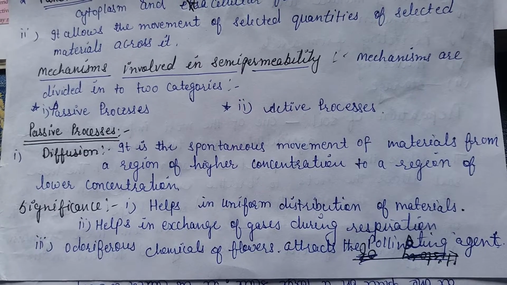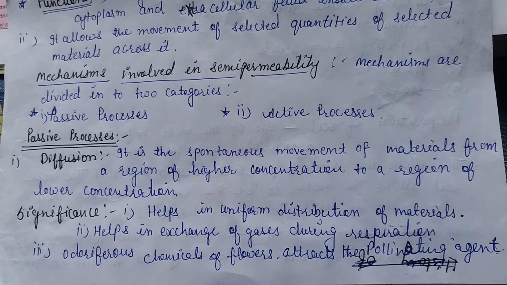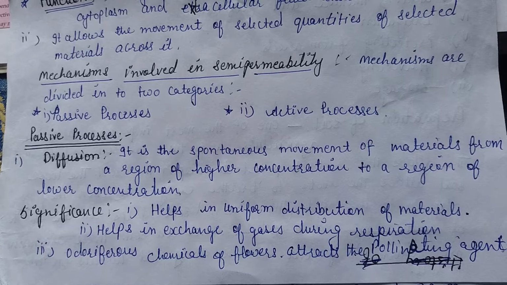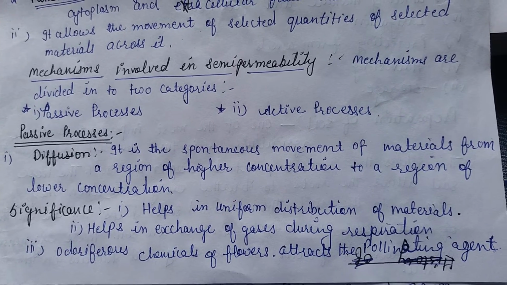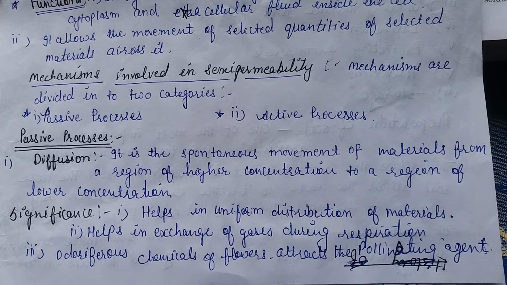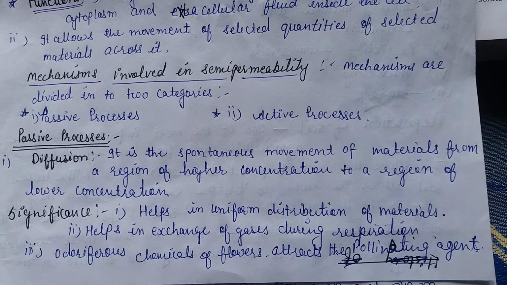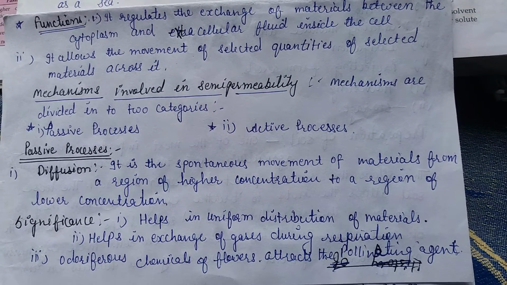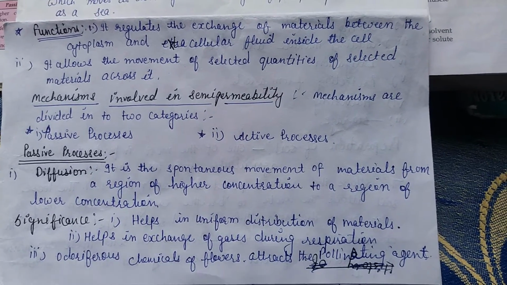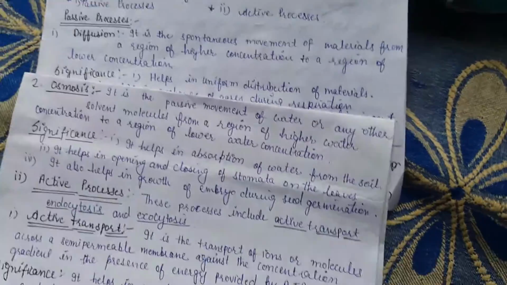Now, what is the significance? It helps in the uniform distribution and helps in the exchange of gases. It also helps in attracting the pollinating agents, because the smells of flowers diffuse out in the environment, so it attracts the pollinating agents.